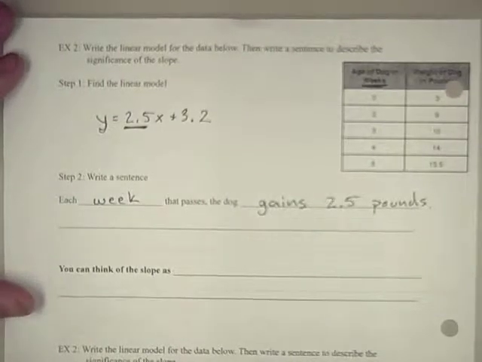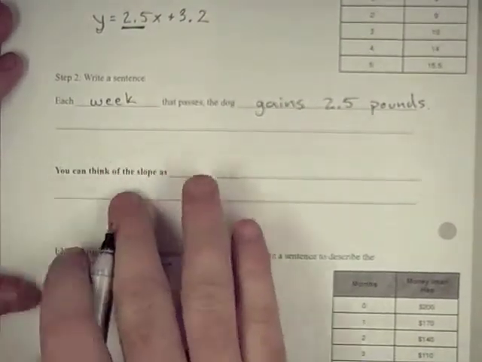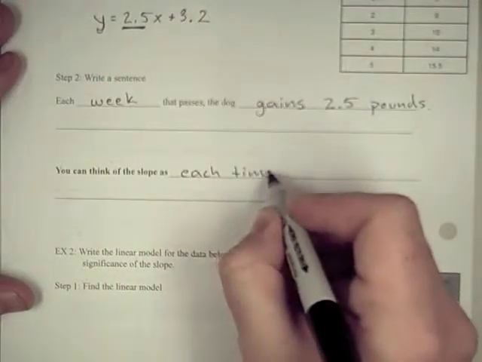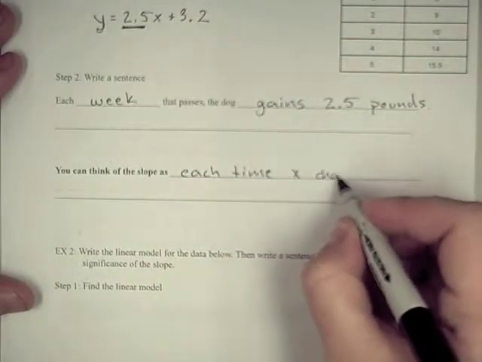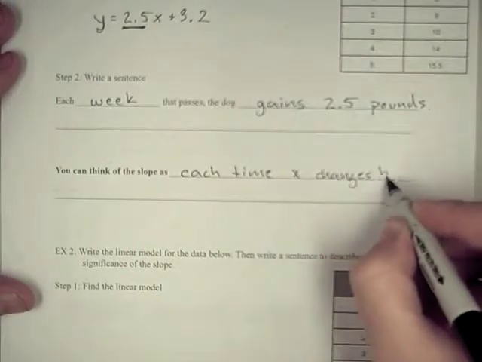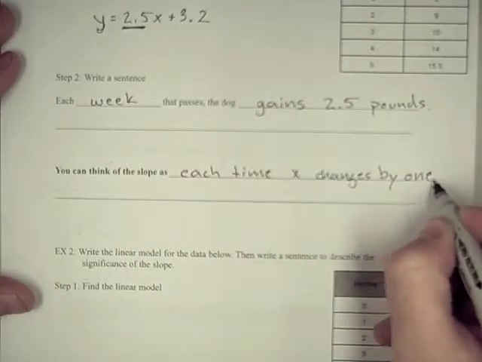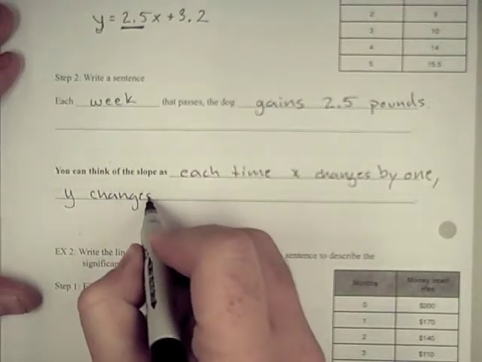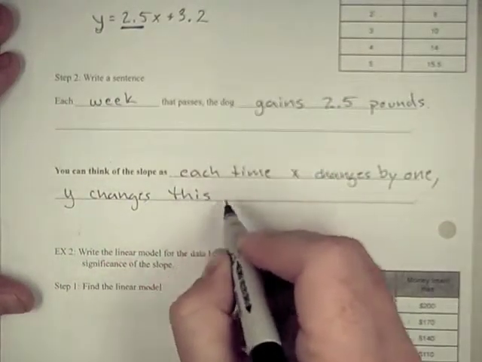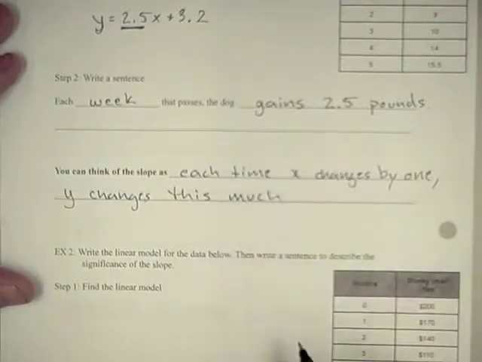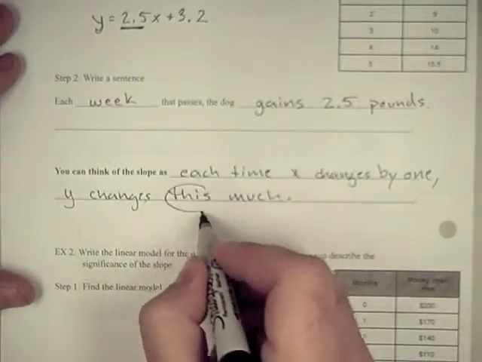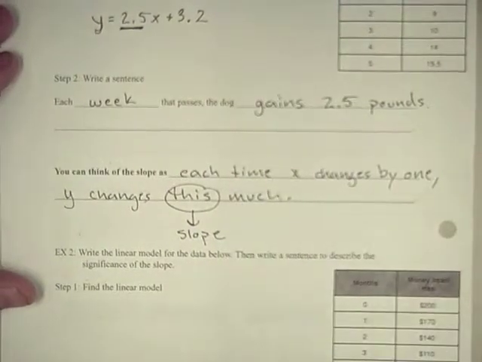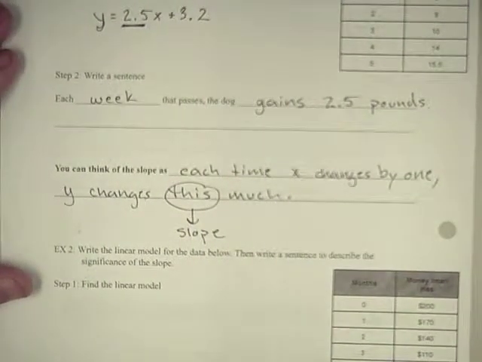In general, you can think of slope as each time x changes by 1, y changes this much. And this much comes from the slope. That's where you get how much it actually changes.